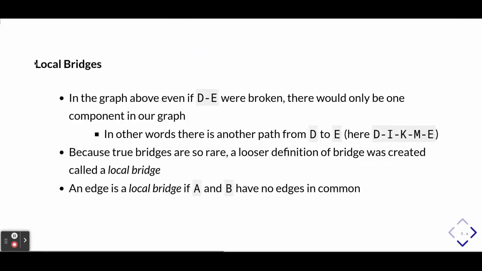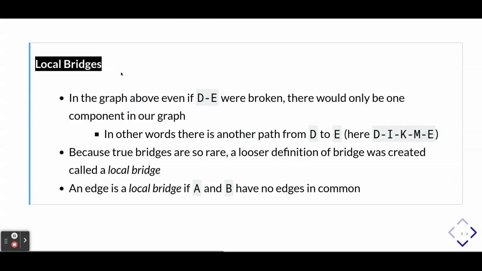So graph theorists have proposed a slightly less stringent definition of an edge like 3, 4. That's not quite a bridge, but what they call a local bridge. And here's what it means.